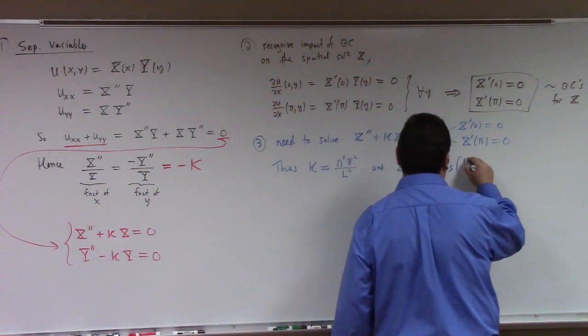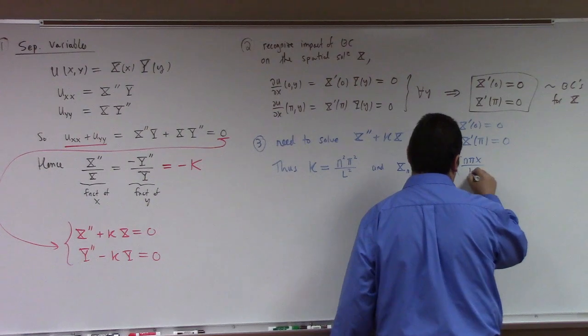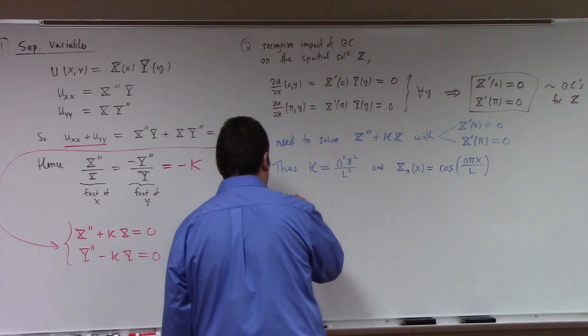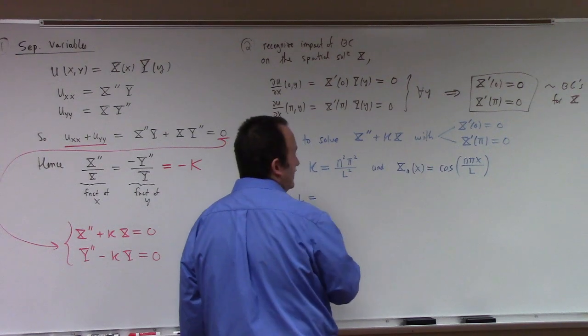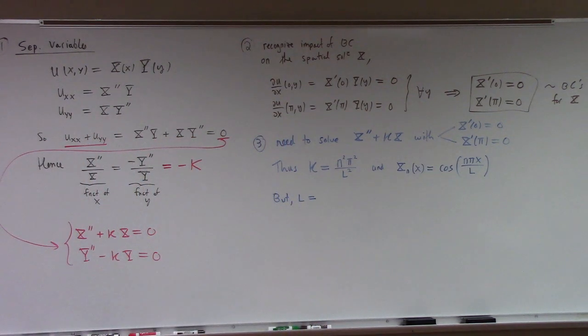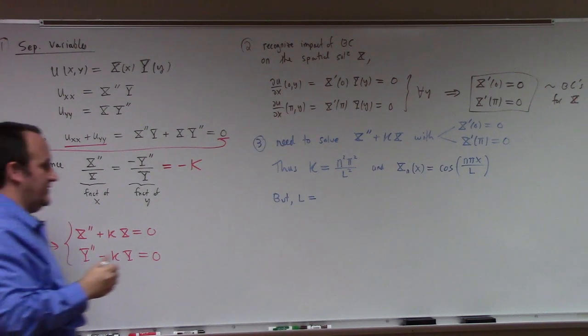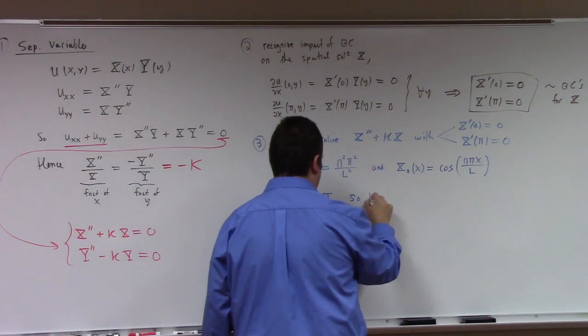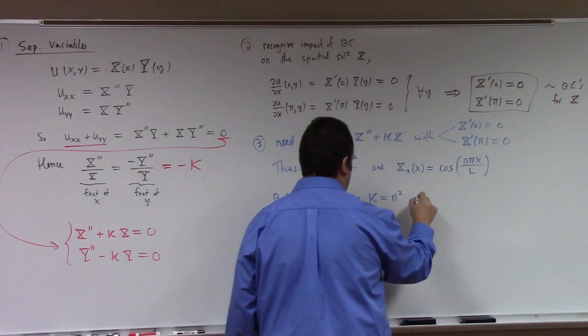Now what's L here, though? L equals what? What are we doing here? We're looking at the x solution, right? And the values for x are bounded between 0 and pi. So L is pi here, which is wonderful because that gives us k equals n squared.